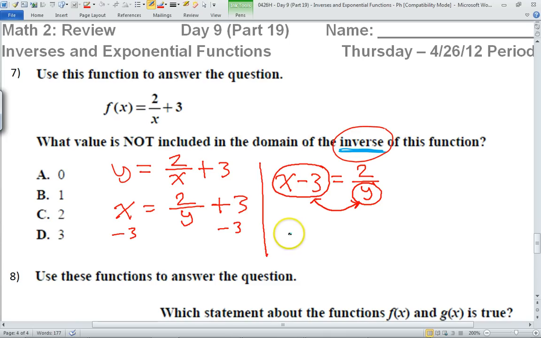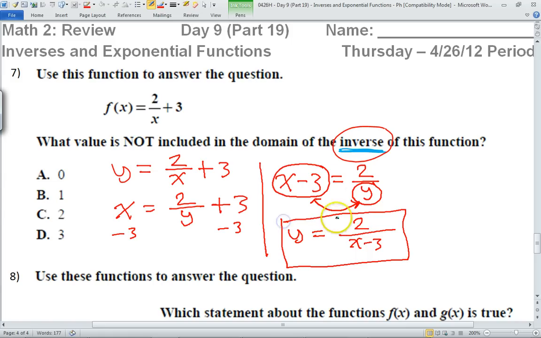So this equation would become y equals 2 over x minus 3. So guess what? This is the inverse function. In fact, I could write f inverse equals 2 over x minus 3.